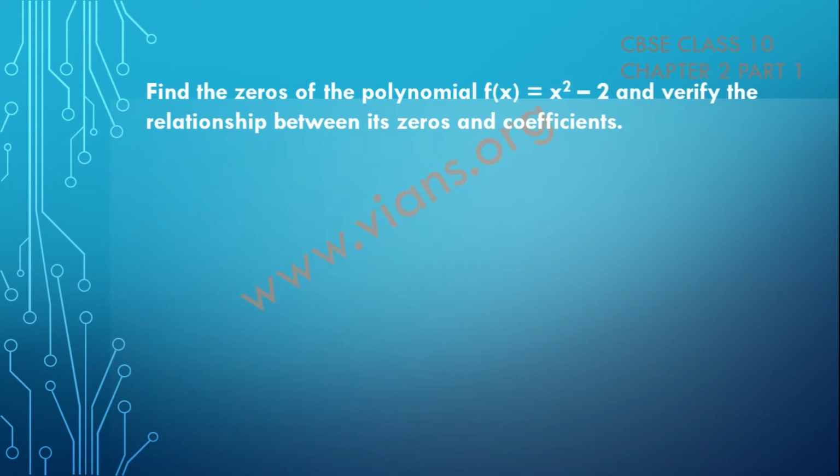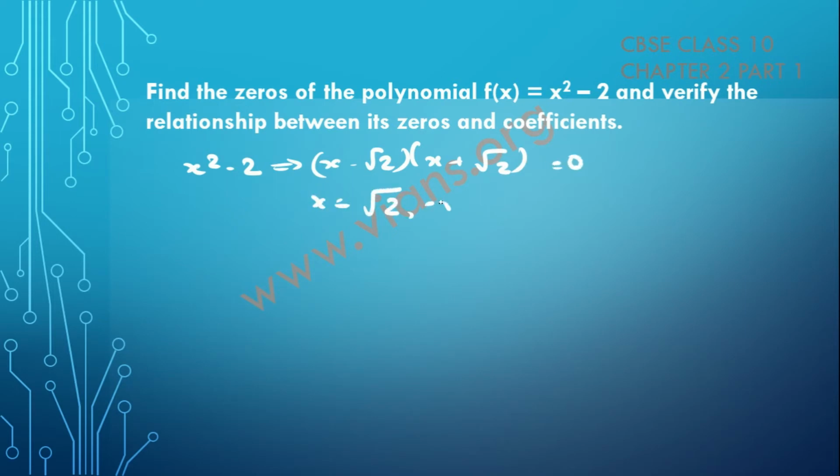There's another question. Find the zeros of the polynomial x square minus 2. We know that this is of the form x minus root 2 into x plus root 2. If that's equal to 0, then x has to be root 2 or minus root 2. So those are the factors.